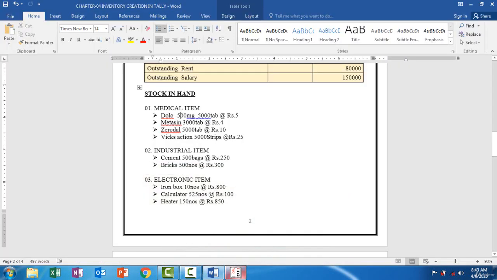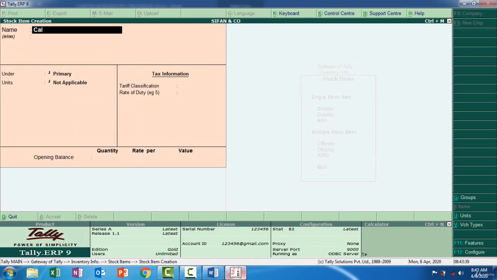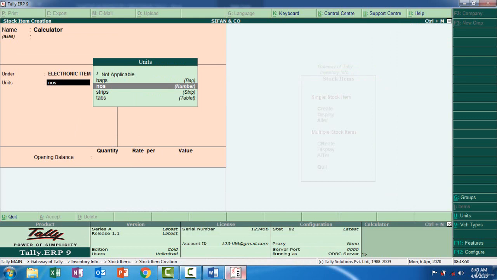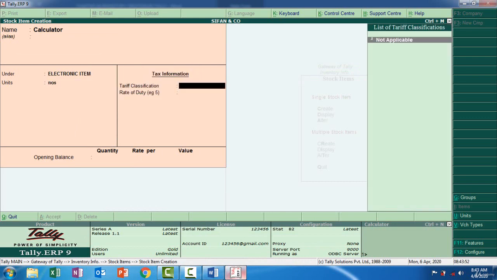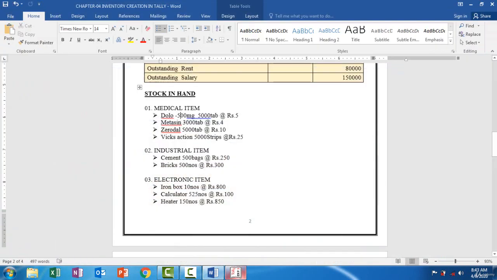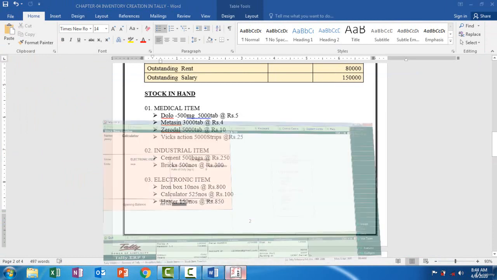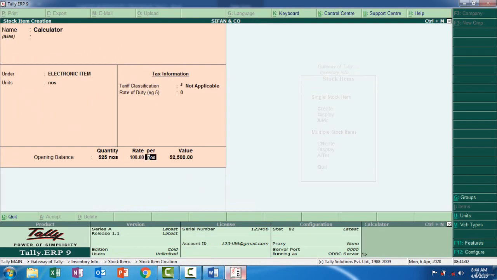The next one is calculator. Calculator is coming under the electronic items, and its measurement is also numbers, and the quantity is 525, the rate is 100, the value is 52,500.